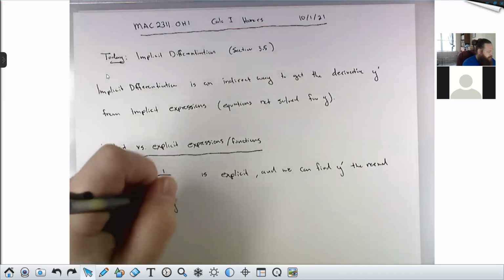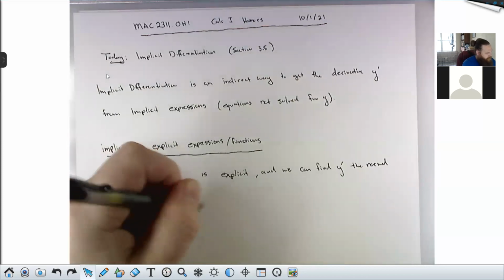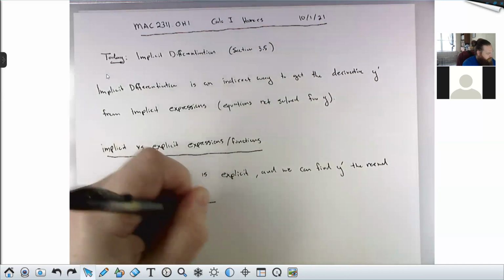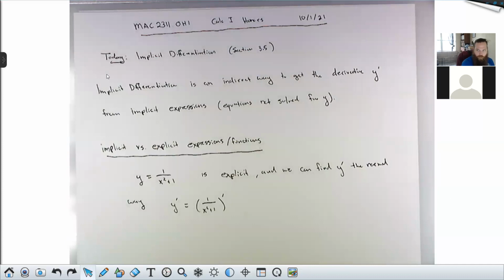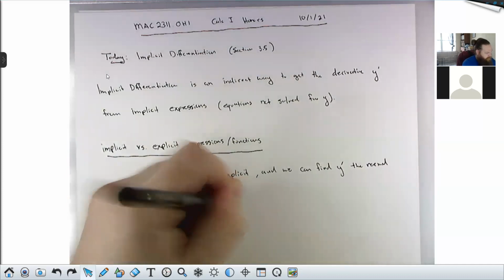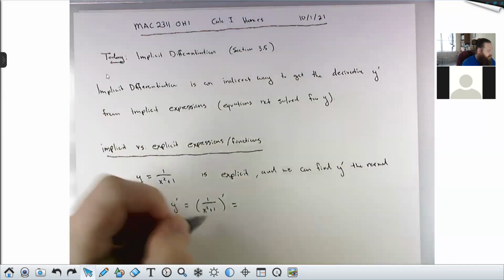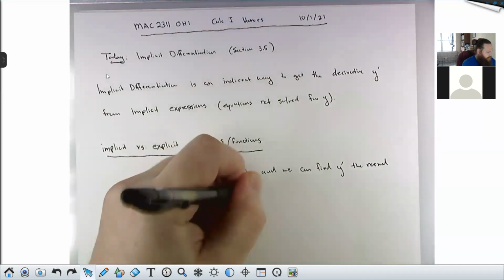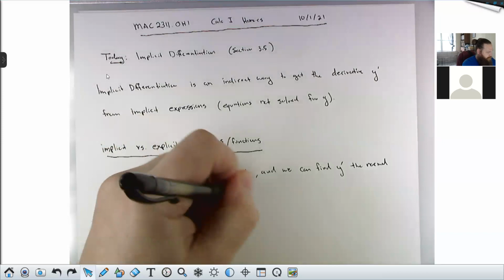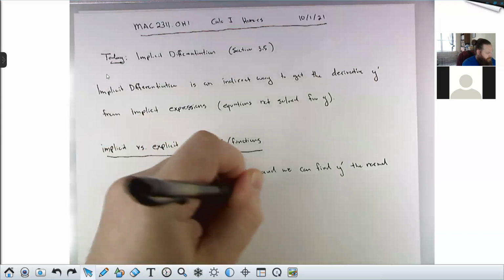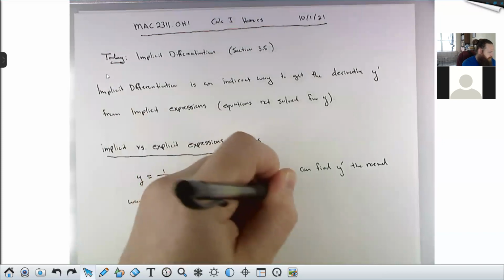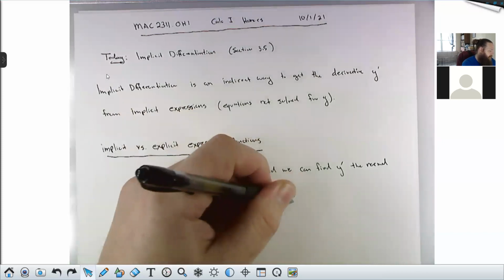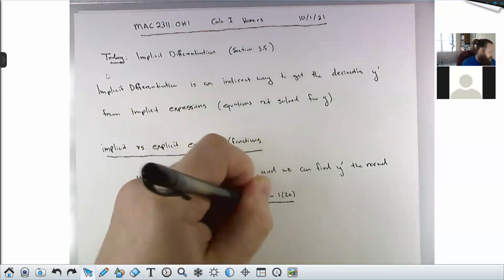Y prime would be what you get when you take the derivative of 1 over x squared plus 1. You could do it with the quotient rule, or you could do it with the chain rule here. There's a bunch of ways. I'll just do it real quick with the quotient rule. So that's bottom times the derivative of the top. The derivative of the top is 0. I'll write it up, x squared plus 1 times 0 minus the top times the derivative of the bottom, all over the bottom squared.